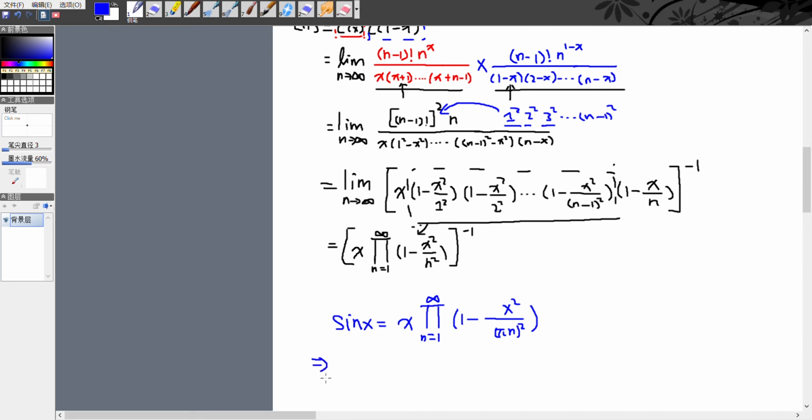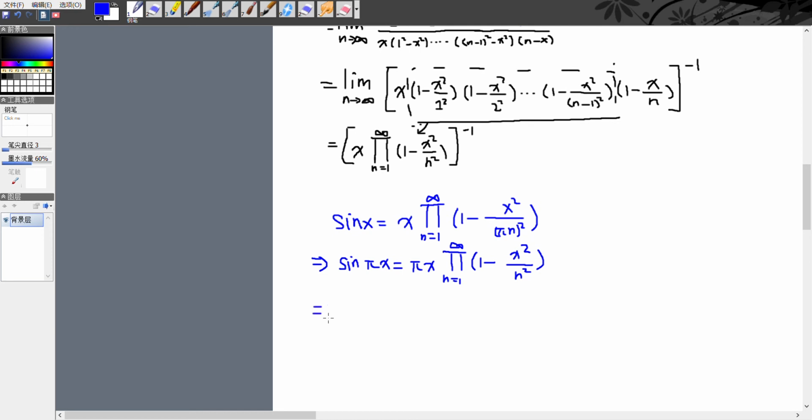And from this we'll have sine pi x is equal to pi x times the product from n equals 1 to infinity of 1 minus x squared over n squared.